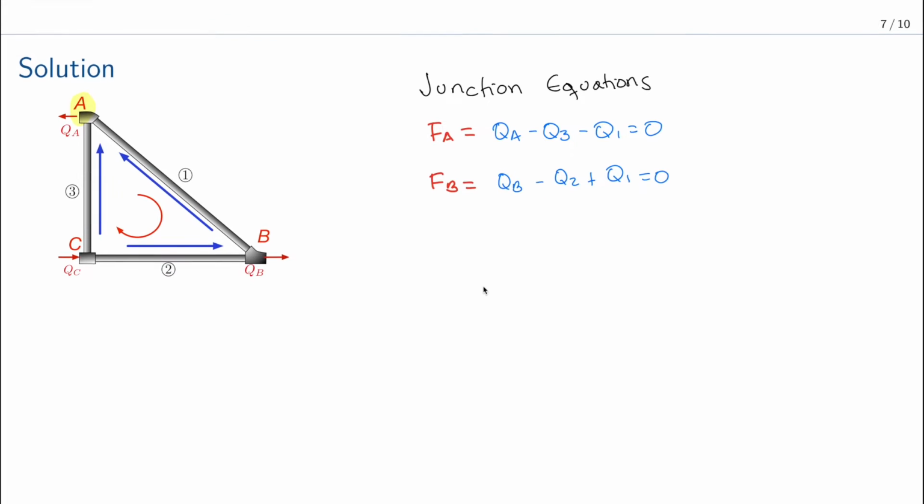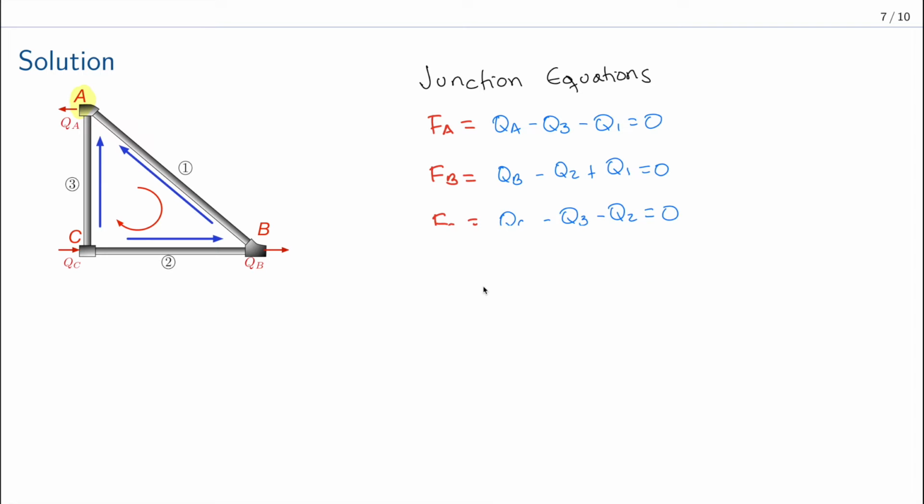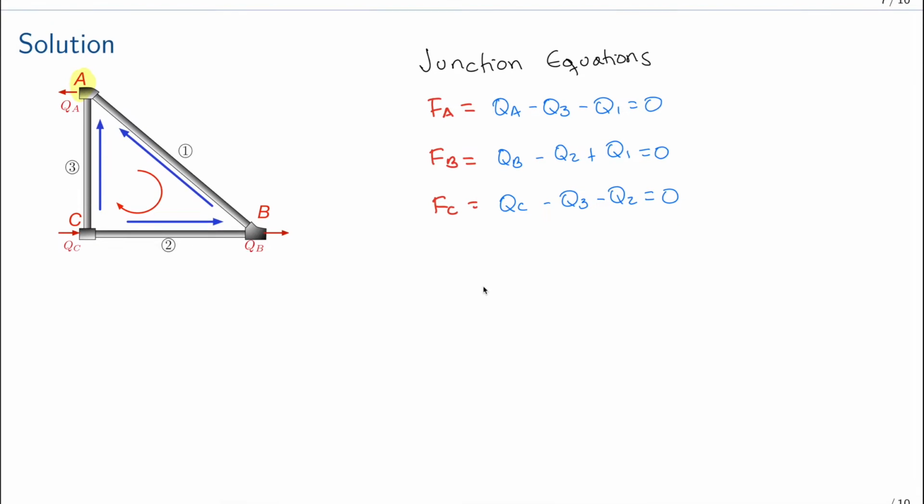And finally, for junction C we have that QC is coming in and out are Q2 and Q3.